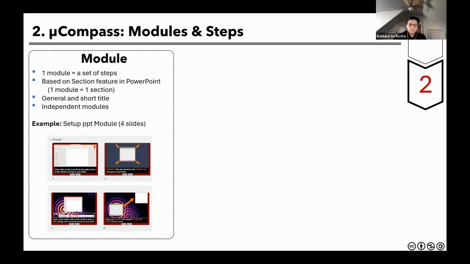So if we want to move a module further or earlier within the training, we can do that quite easily because they are built independently. Here you have an example of the module to set up the PowerPoint on the computer of the microscope. It's made of 4 slides, so it's quite straightforward.